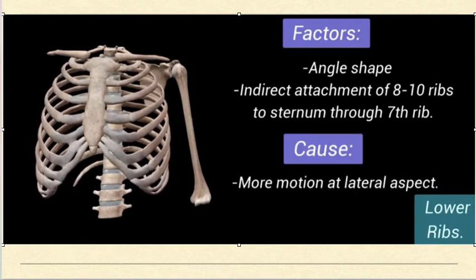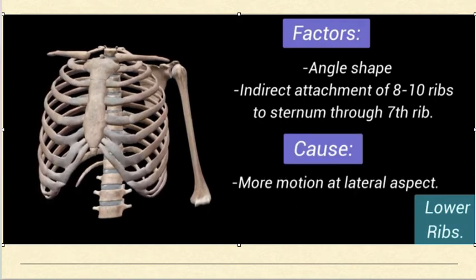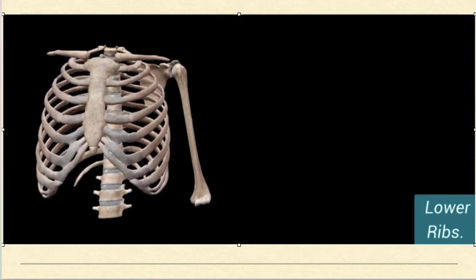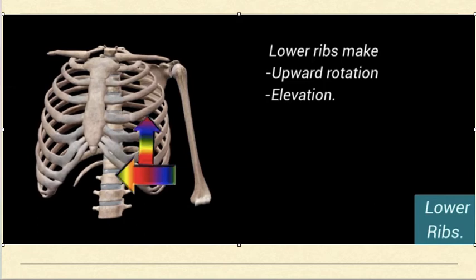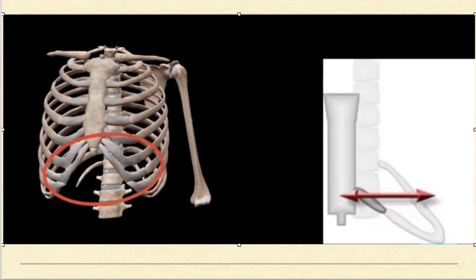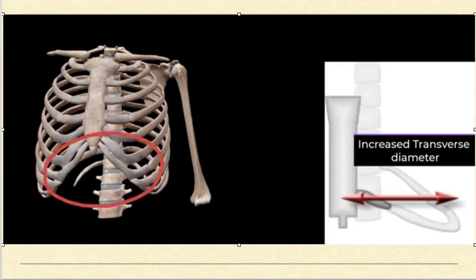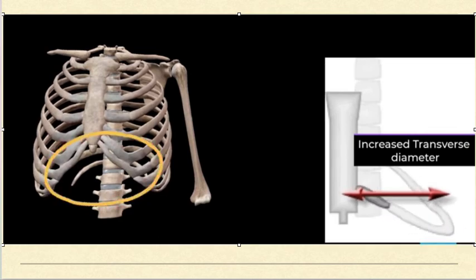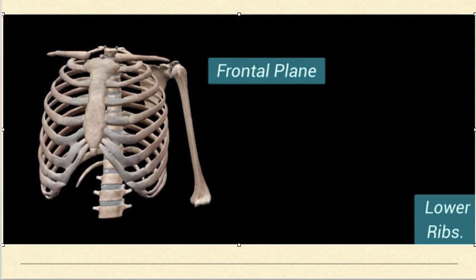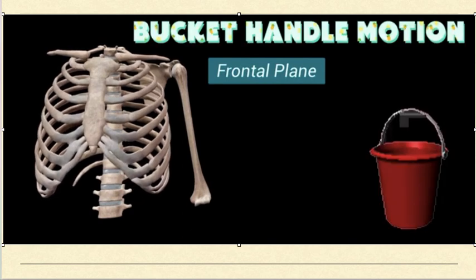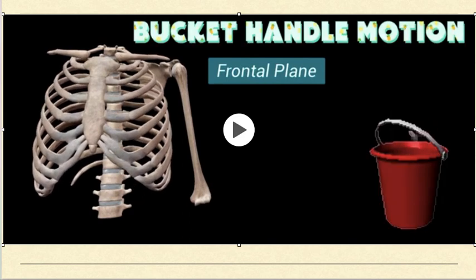The indirect attachment and angular shape cause more motion in the lateral aspect. The lower ribs rotate upward in elevation, increasing the transverse diameter. So this movement is called the bucket handle movement, increasing the transverse diameter of the thorax.